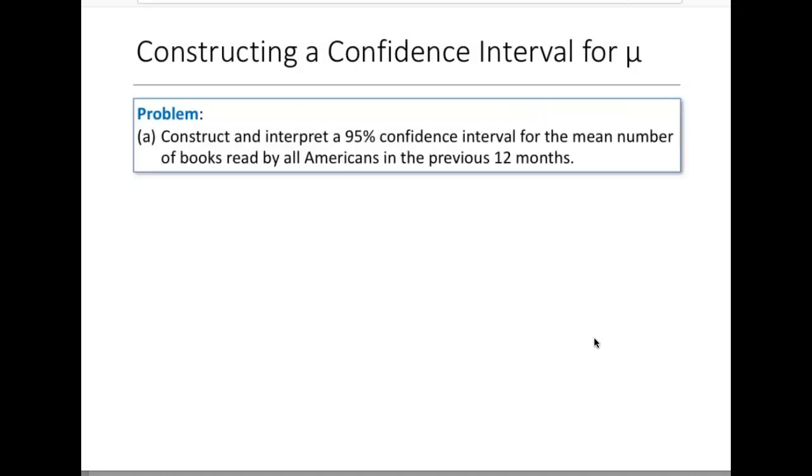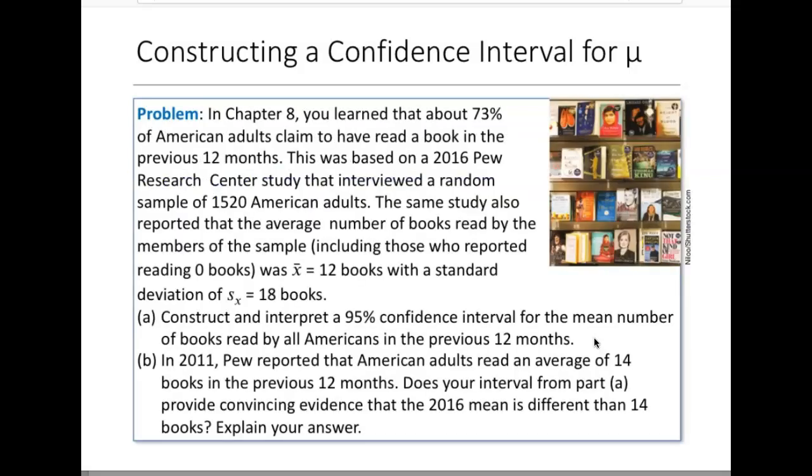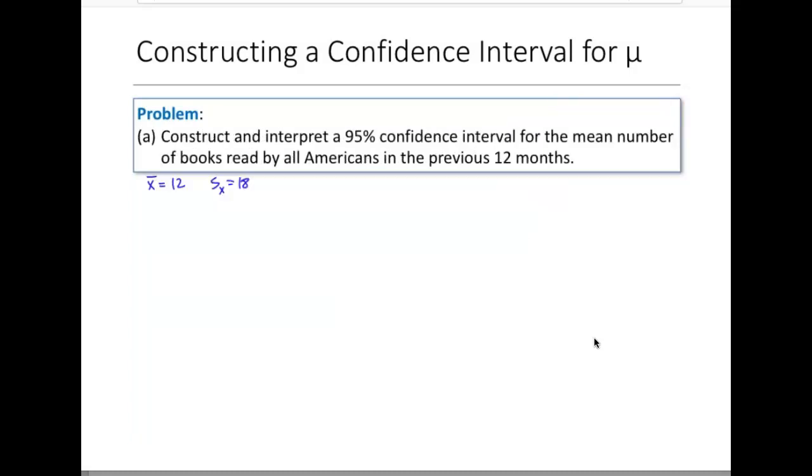So let me write down a couple of the things that we had there. We had x-bar is 12. Our sample standard deviation was 18. And our sample size was 1520.